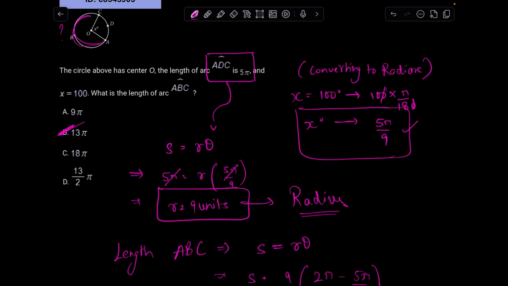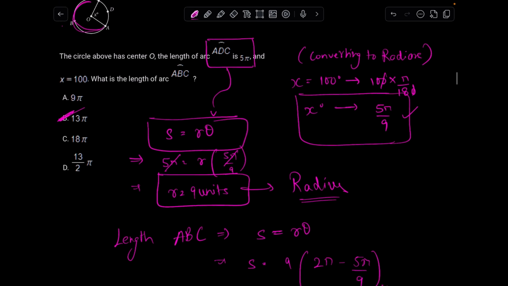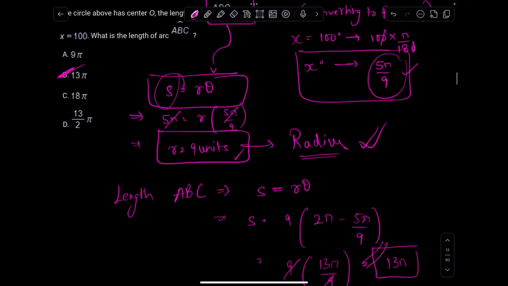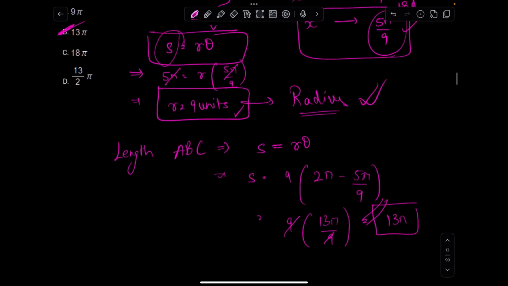The length of an arc follows the formula S equals R theta. We're going to input the values, theta as 5 pi by 9, S as 5 pi, and we'll get R is equal to 9 units. R here is the radius. So now we can calculate the length ABC with the same formula S equals R theta.